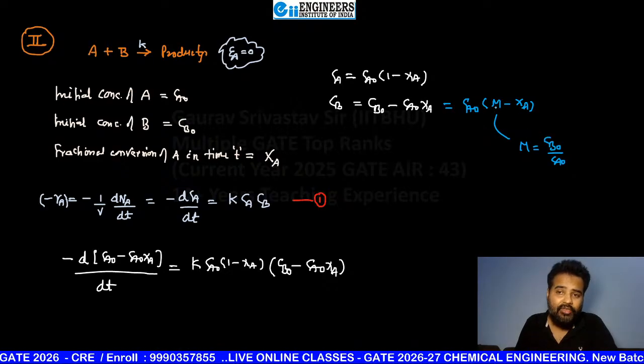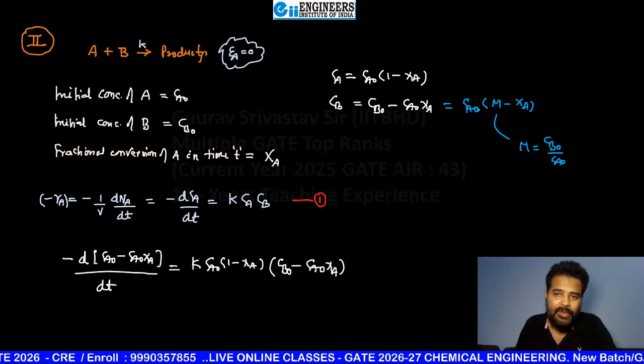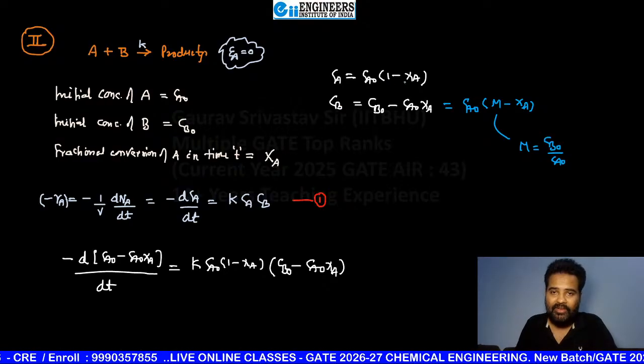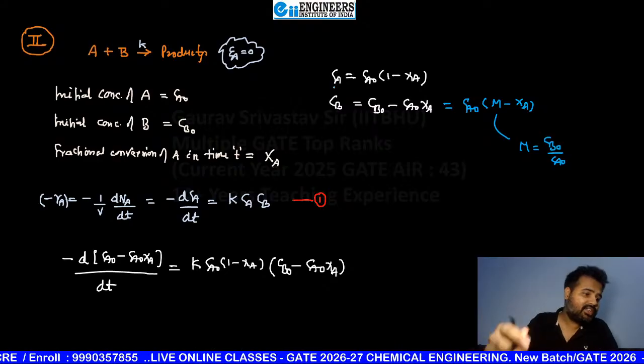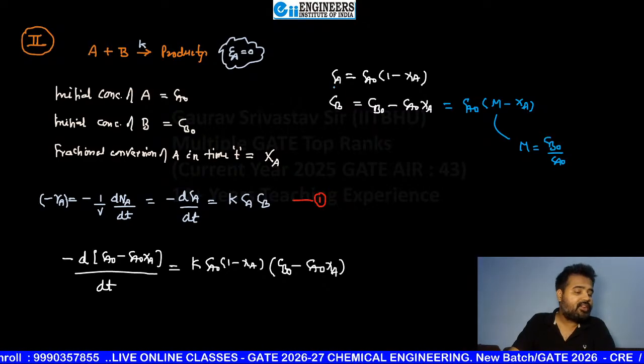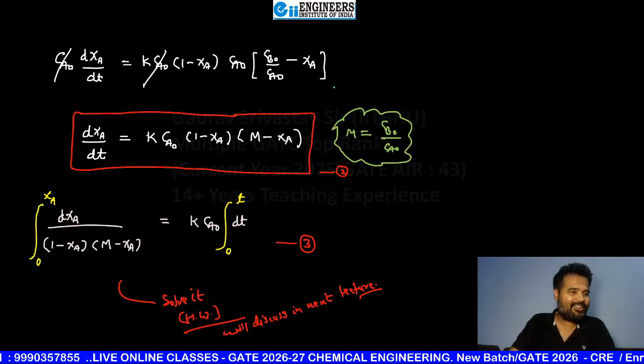So in place of M minus X, put C_B by C_A0. And in place of 1 minus X, put C_A by C_A0. That's it beta. Is it clear? Shiva Tarun beta, is it clear? Okay sir, got it. Okay beta.